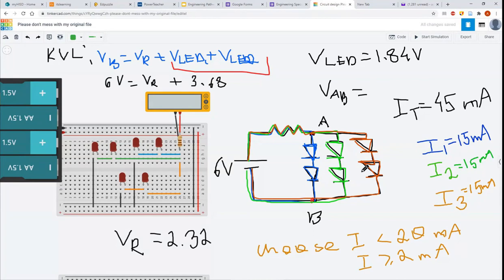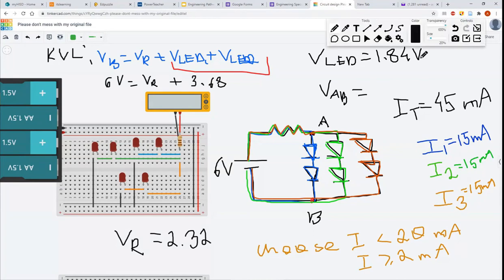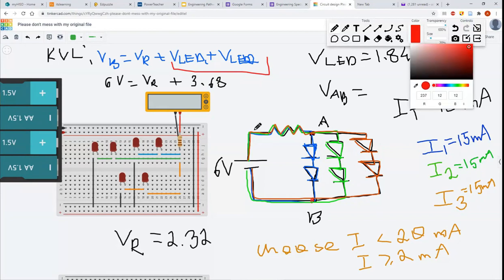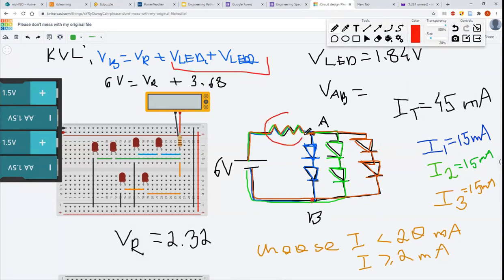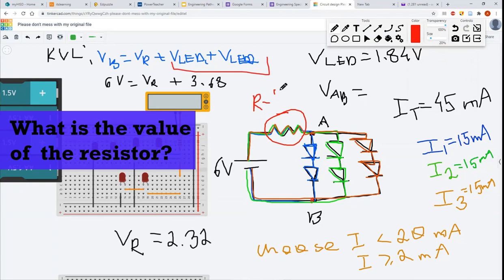So now we're almost done with this calculation because we have just one last thing to determine. We have determined our I total, and we have determined the voltage drop of this resistor. So the last thing we need to know is what resistance we actually need to plug in. Once again, we have a triangle, V over I times R, and we are looking for R this time.